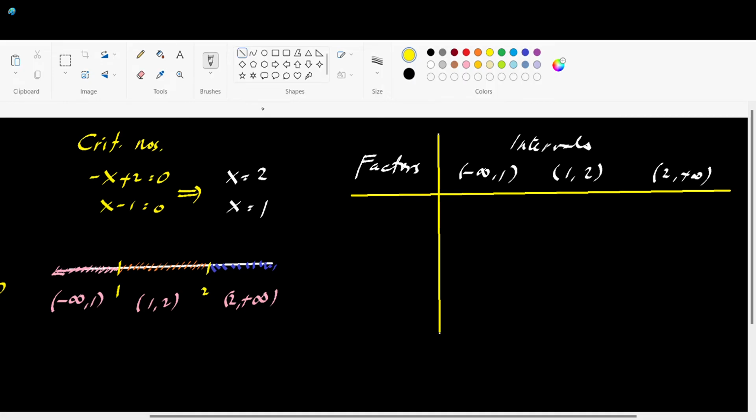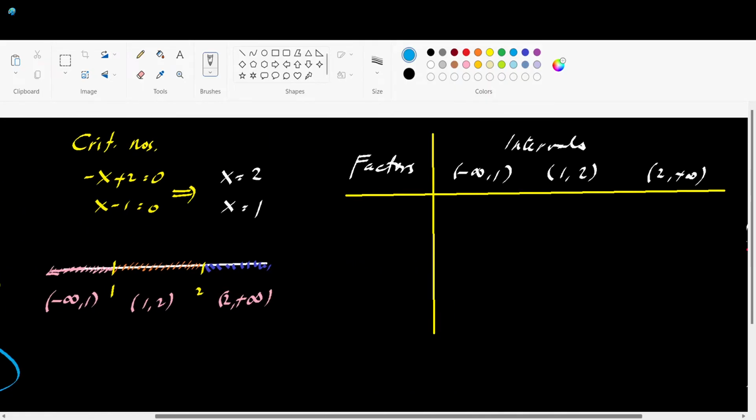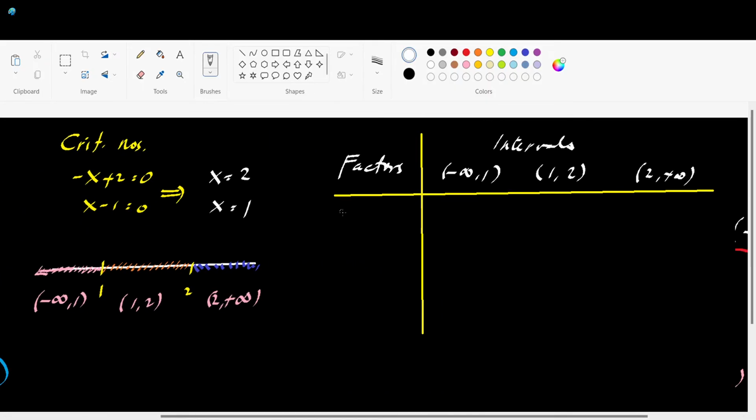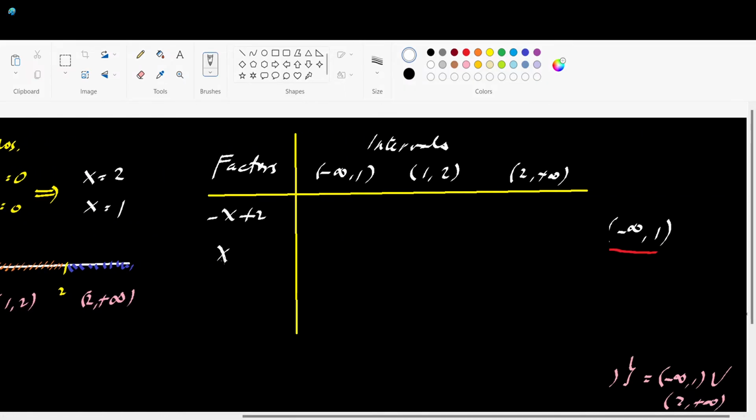We indicate the factors. What are the factors? We go back to this one. So the factors are negative x plus 2, what else? X minus 1. And then the quotient negative x plus 2 over x minus 1.